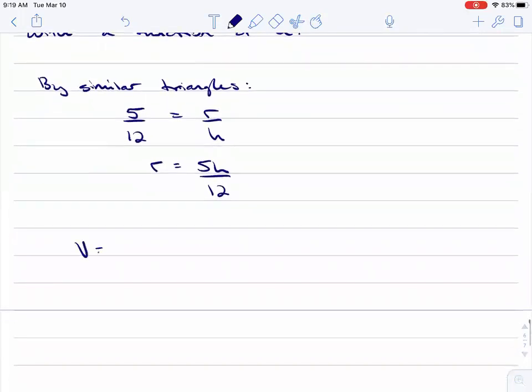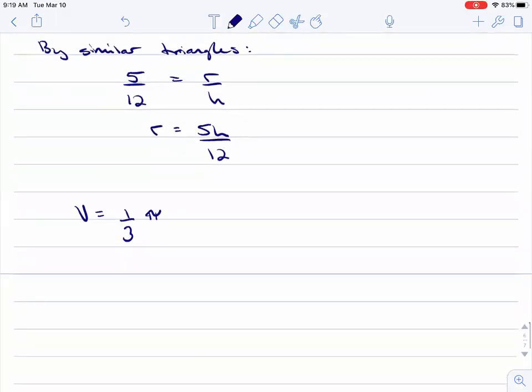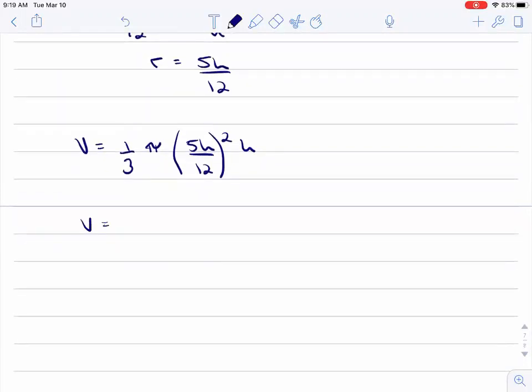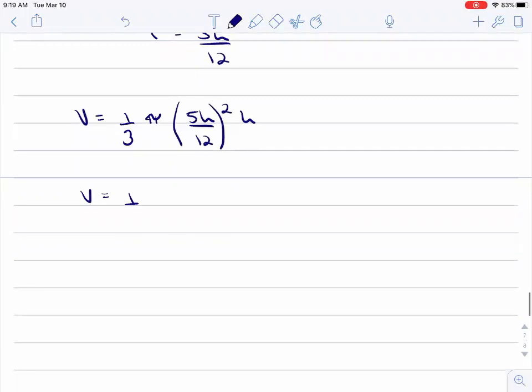So now I can write that the volume is 1/3 pi, and then r squared is (5h over 12) squared, and then times h. So now I've got volume is 1/3 pi times 25 over 144 h to the 3.